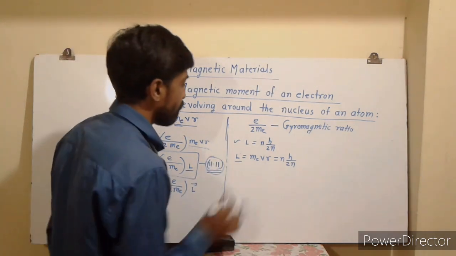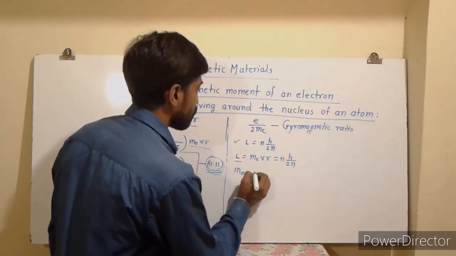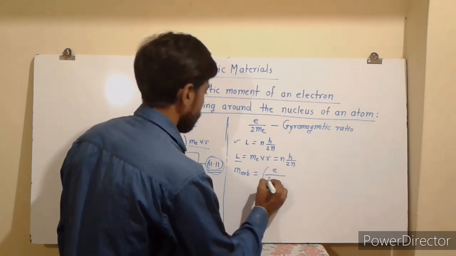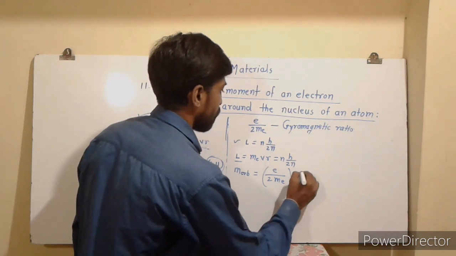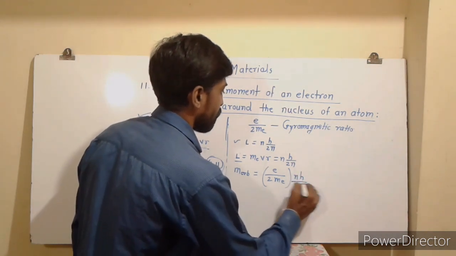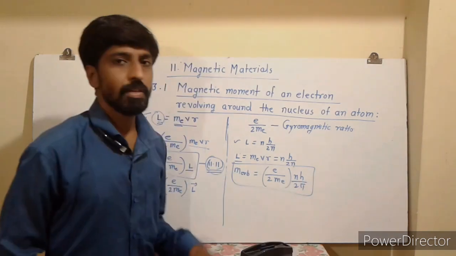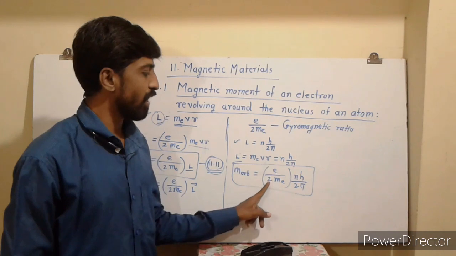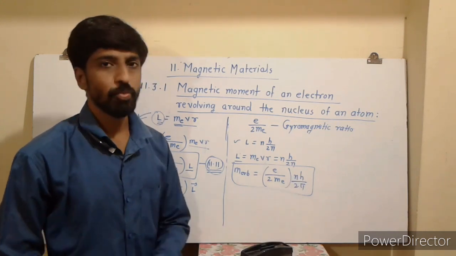So therefore the equation becomes m equal to e divided by 2 m e into n h divided by 2 pi.